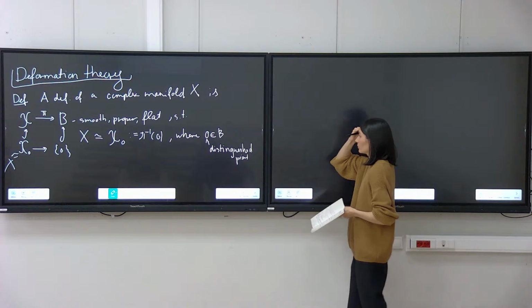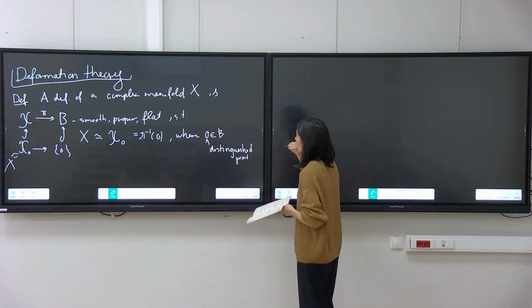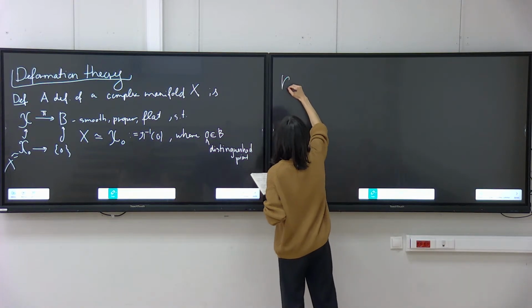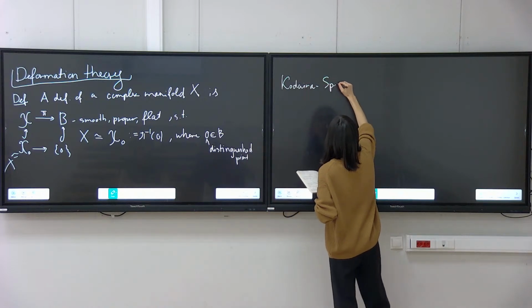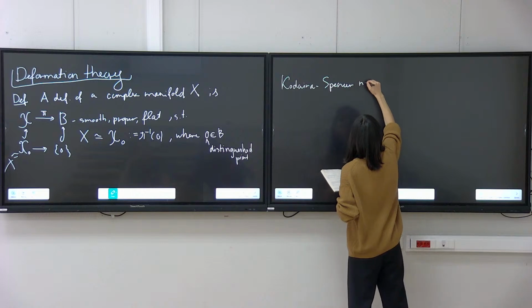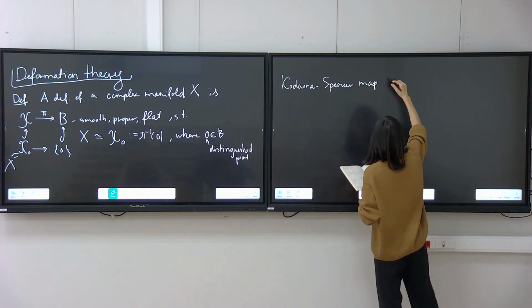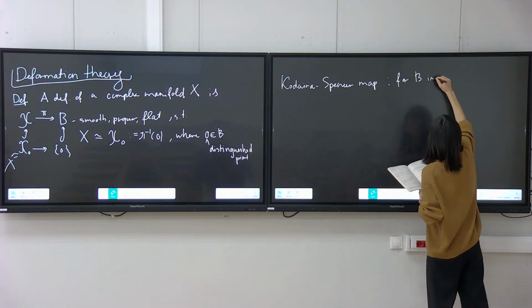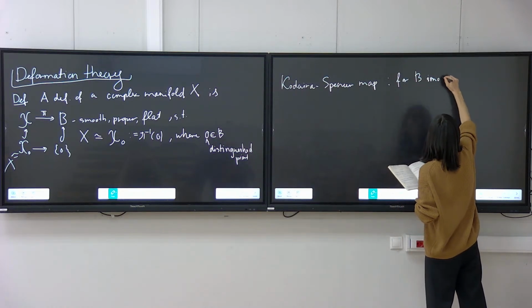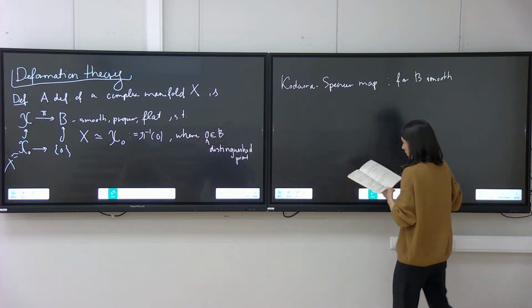So, and now let me recall what the Kodaira-Spencer map is. Suppose that B is smooth.